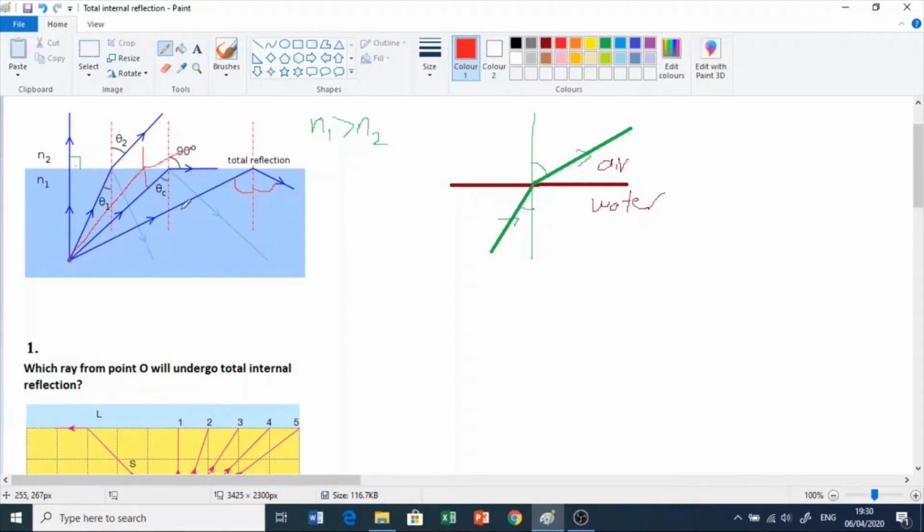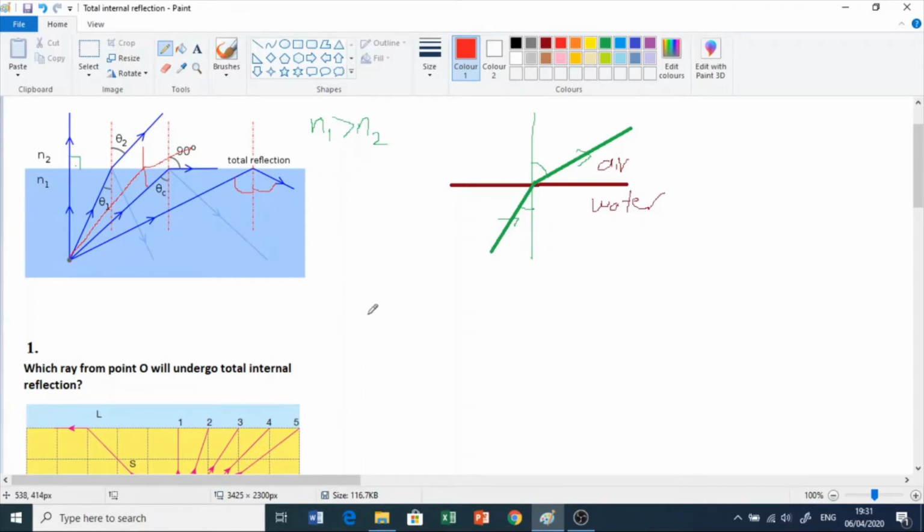But when the incident ray has an angle bigger than the critical angle, it reflects back into the same medium. What is important here that you need to remember is that this total internal reflection phenomenon happens when the light attempts to move from high index of refraction to low index of refraction.